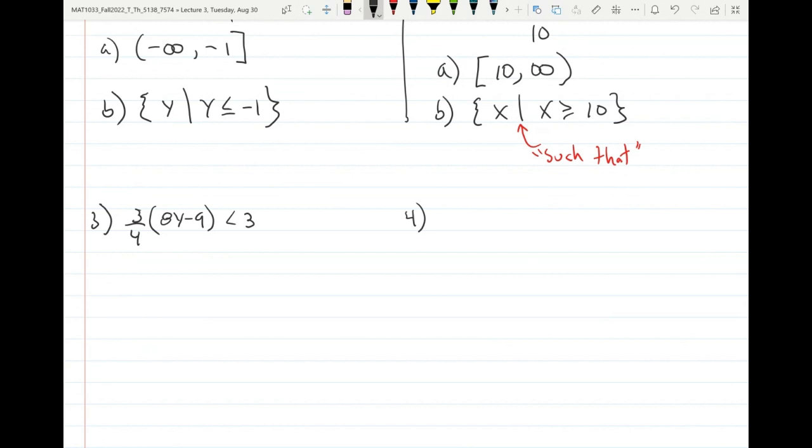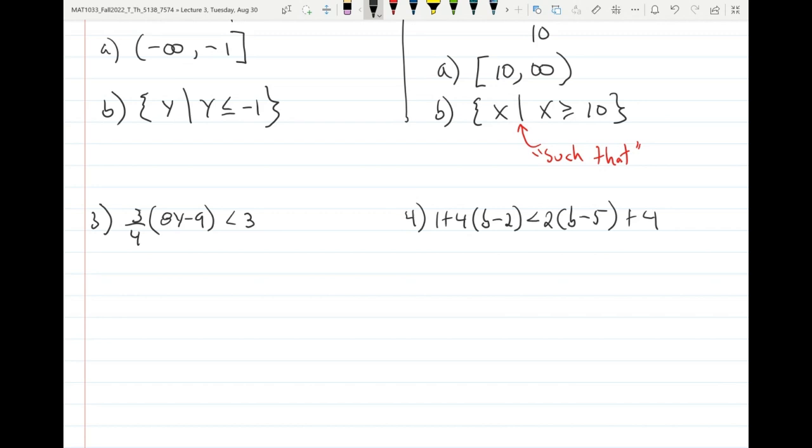And then let's do 1 plus 4 times (b minus 2) is less than 2 times (b minus 5) plus 4. So I repeat, just solve it just like if it was an equation, okay? Just be careful if you divide and multiply by negative.